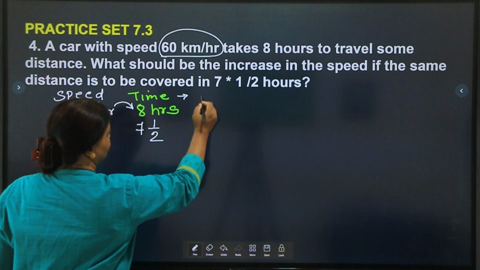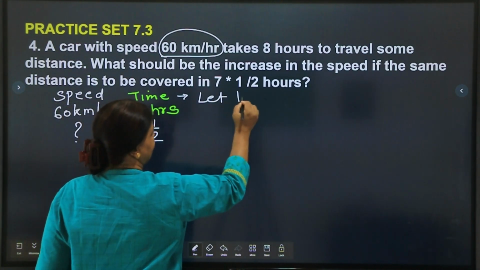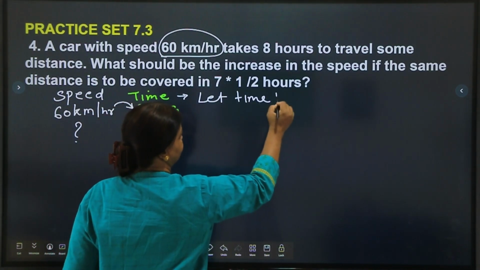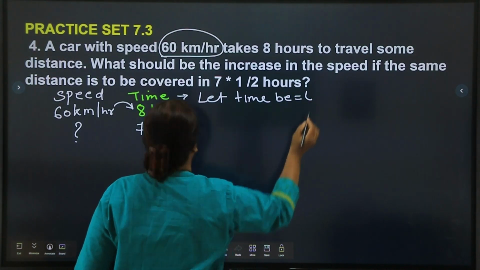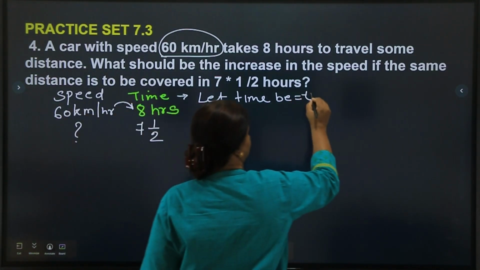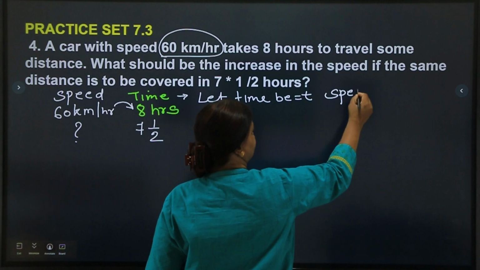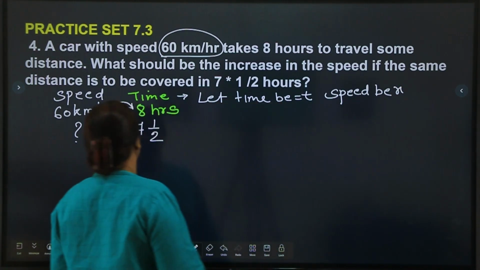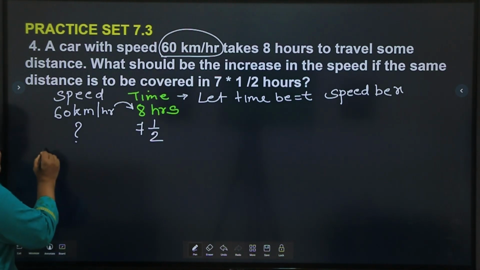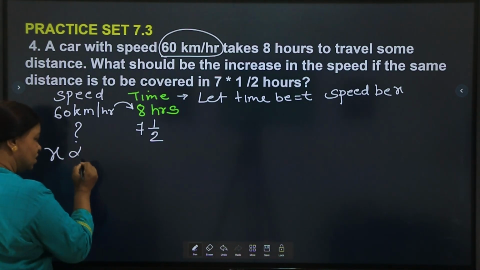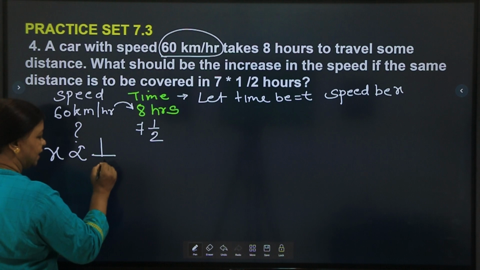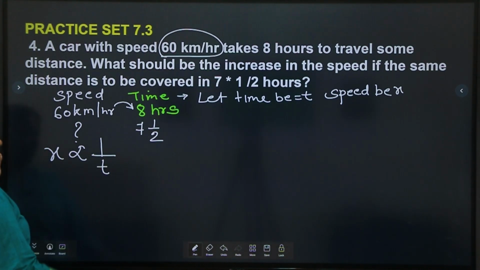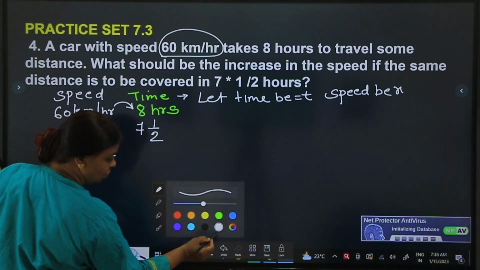So let us assume, let time be t and speed be x. So here x varies inversely to the time. Okay. Now first thing I will do is what?